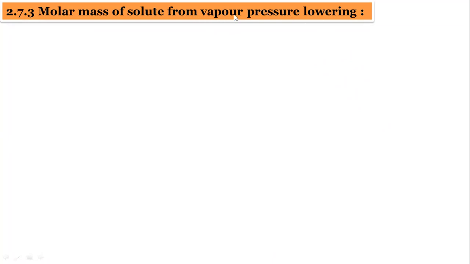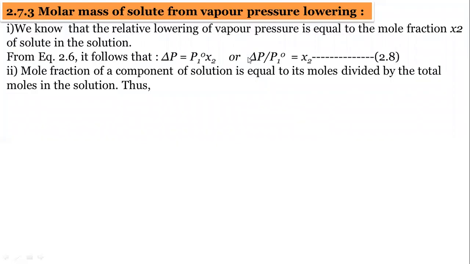Now you are familiar with vapor pressure lowering and relative lowering of vapor pressure. What is vapor pressure? Why is the vapor pressure of the pure solvent more? Why is the vapor pressure of the solution containing a non-volatile solute less? So it is very easy to derive this expression. Now you know the expression for lowering of vapor pressure, and you know the expression for relative lowering of vapor pressure.